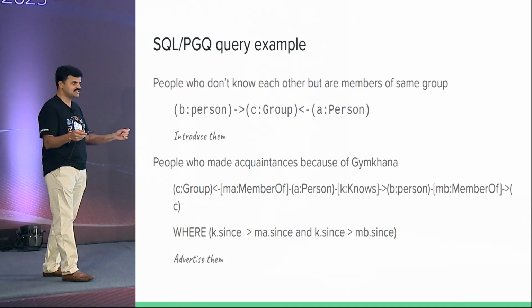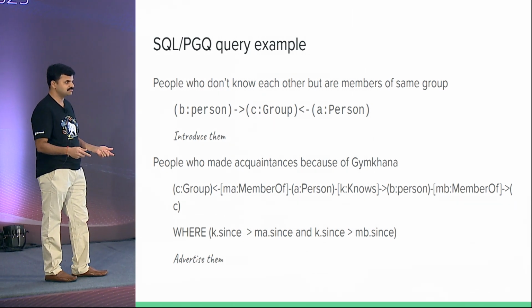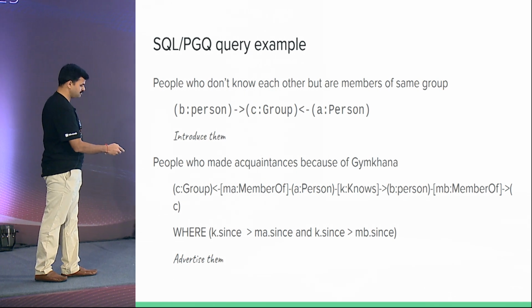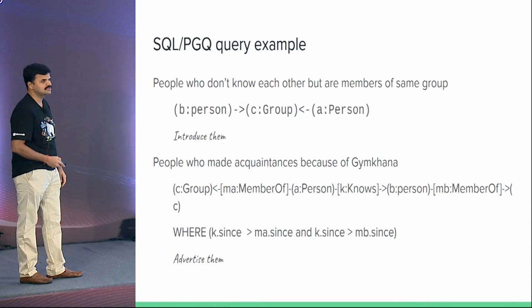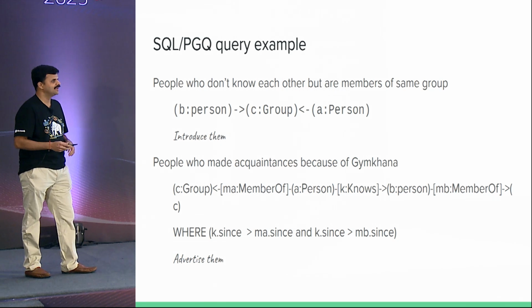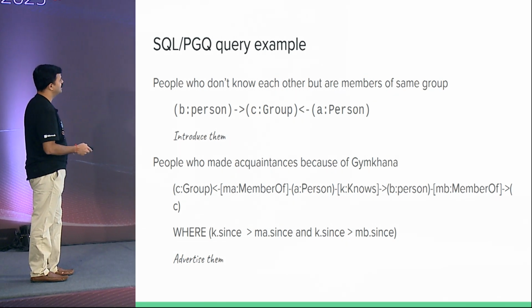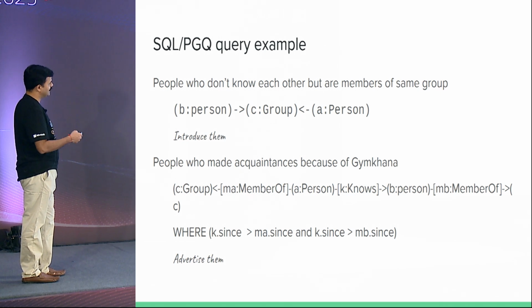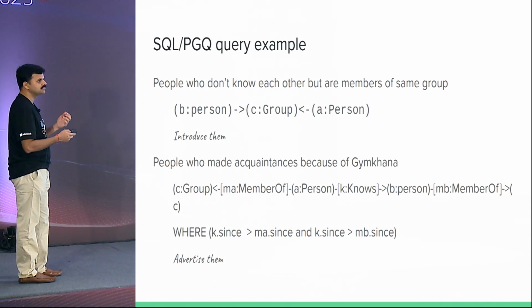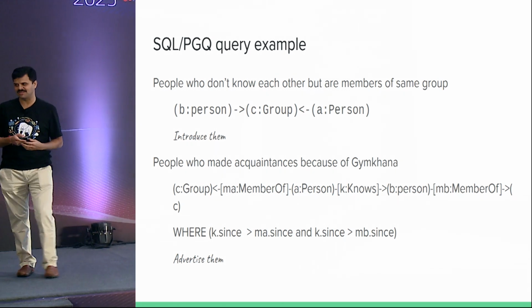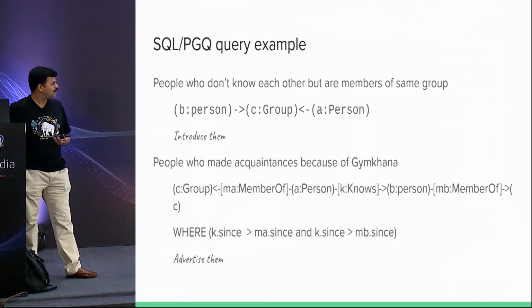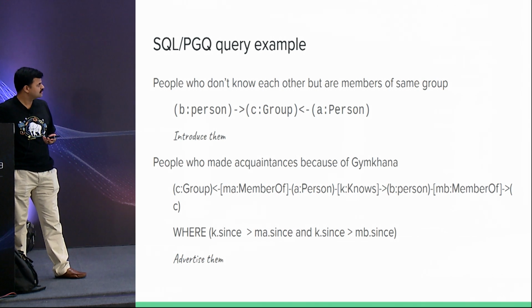Try writing an 8-way join and a couple of unions below that, and trying to put a where clause just using SQL. It soon gets complex. We'll see more complex queries of this type. And in PGQ, it just becomes very simple. This is still simpler than writing SQL to do these kinds of queries.